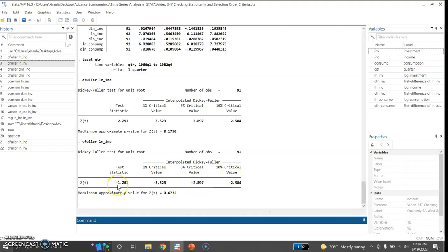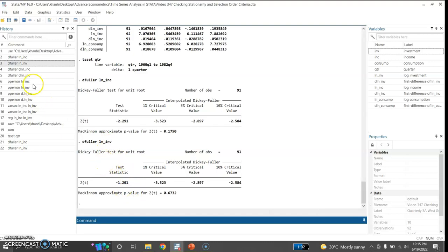This is the test statistic, and here is the p-value, MacKinnon approximate p-value for Z(t), and since again this is greater than 0.05, so we retain the null hypothesis, and we conclude that the series of natural log of investment is non-stationary, that is, it has a unit root.